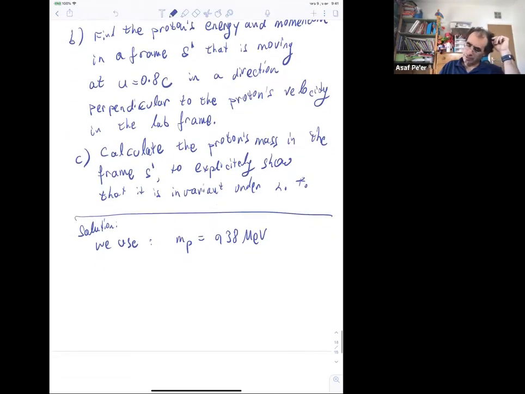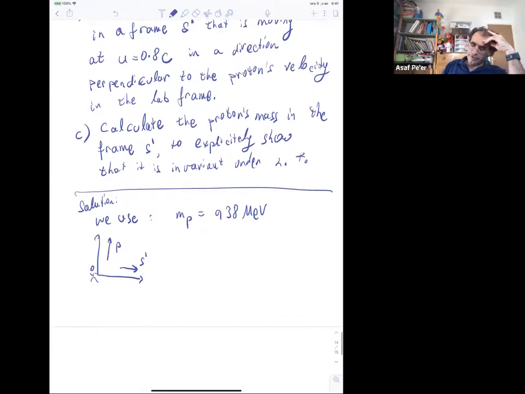So what is the proton's four-momentum in the lab frame?